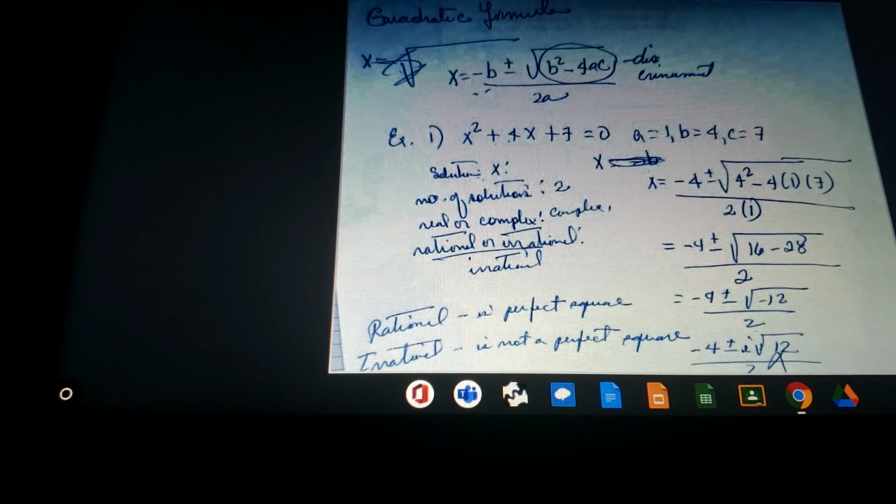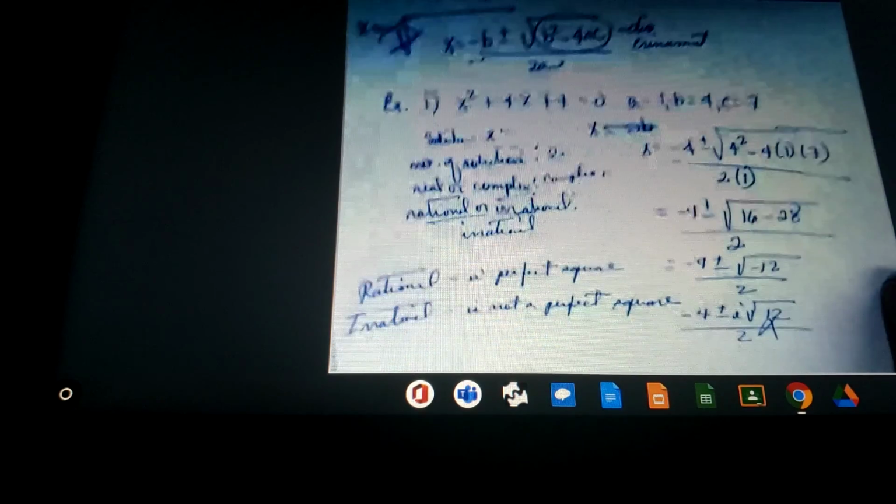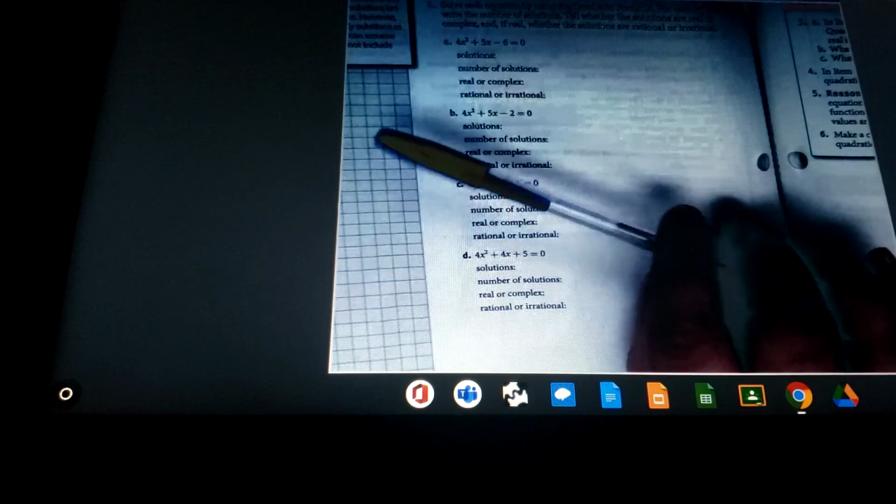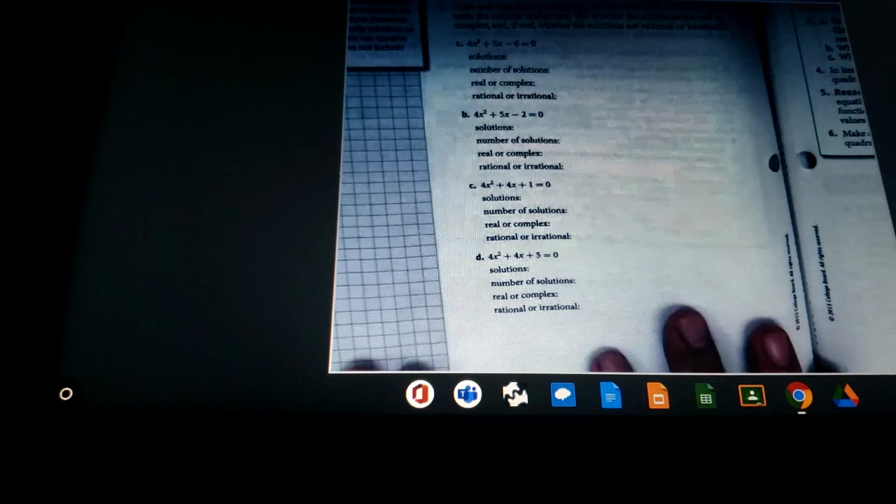Can I remove the paper now, class? Okay, this one. 4x squared plus 5x minus 6. Get the value of x. Try to solve it now, class. What is the value of x? This is page 144 of your book, class.